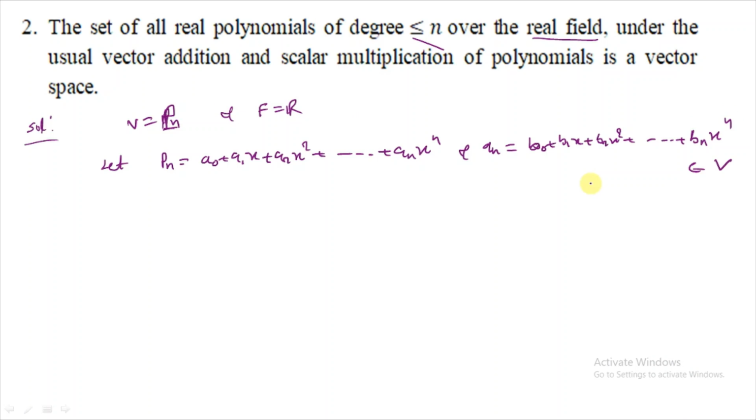Now you have to verify vector addition and scalar multiplication, just pn plus qn, with the usual vector addition and scalar multiplication.